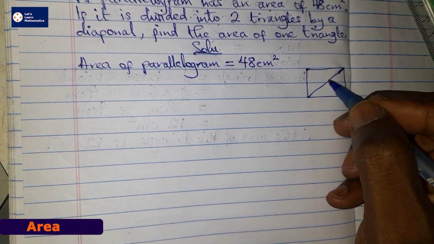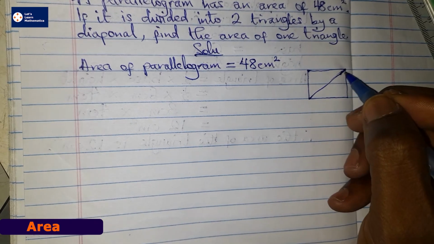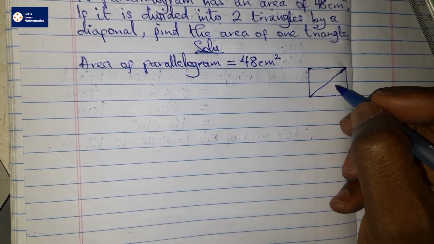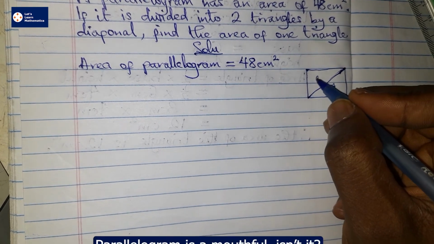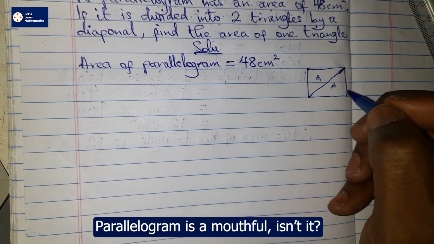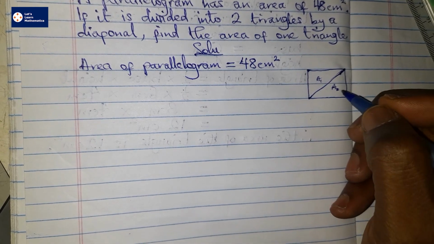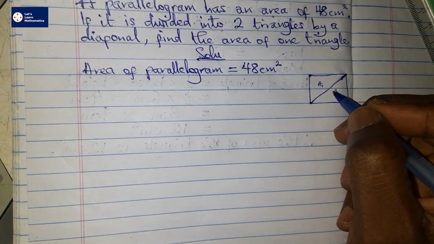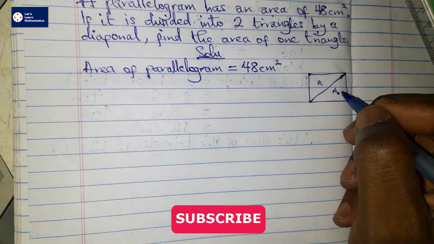When you draw a diagonal in a rectangle, for instance, you are going to get two triangles, and these triangles are going to be the same in shape. They are congruent and their areas are the same.